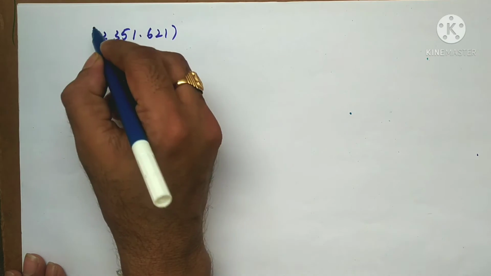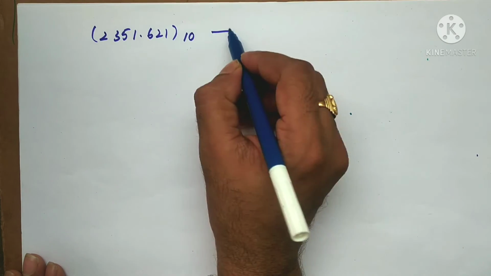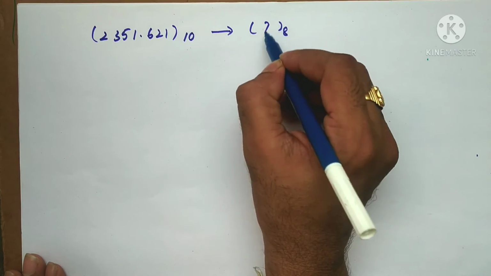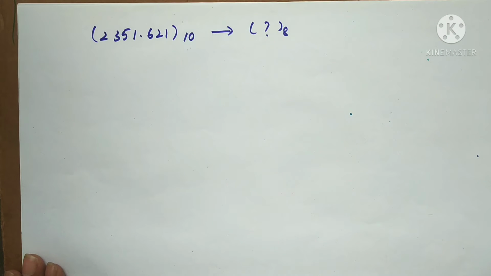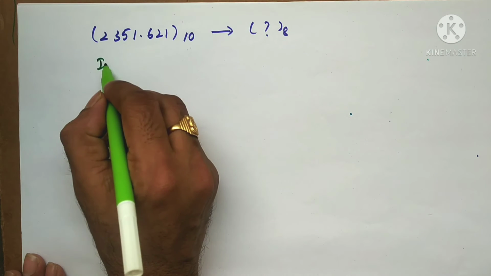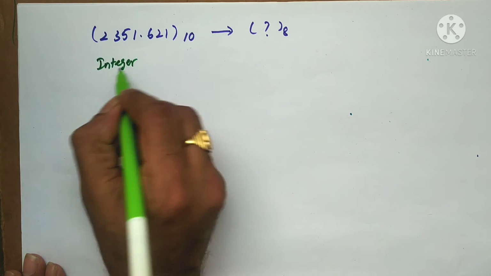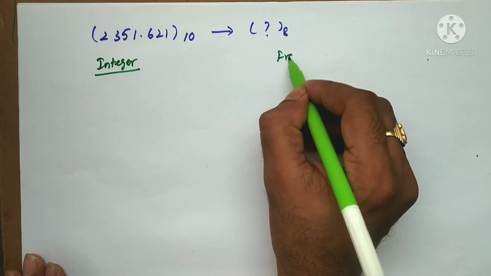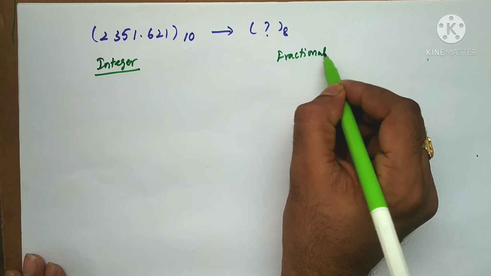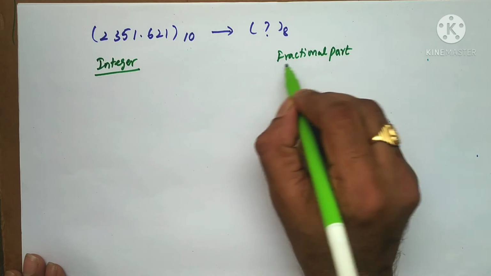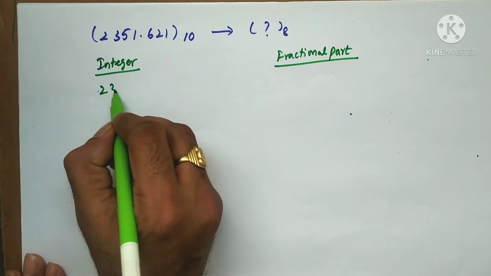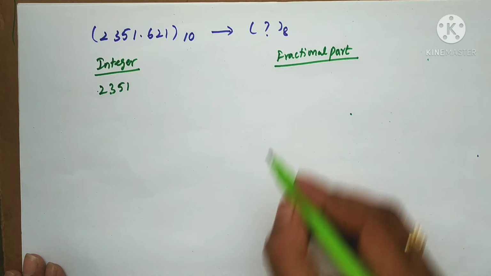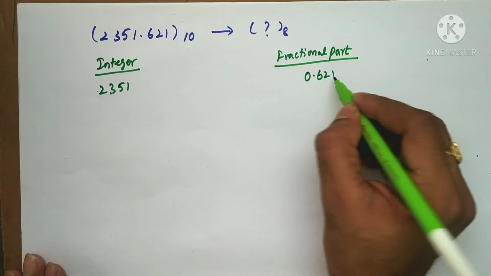2351.621 base 10. We have to convert this into the base 8 number system. What we have to do is write the integer part here and the fractional part here. The integer part is 2351. The fractional part is 0.621.